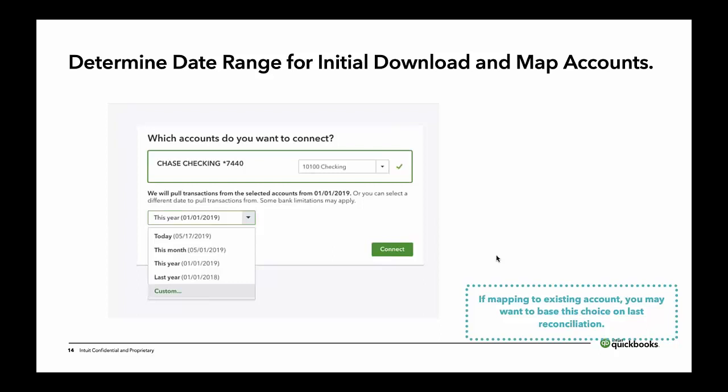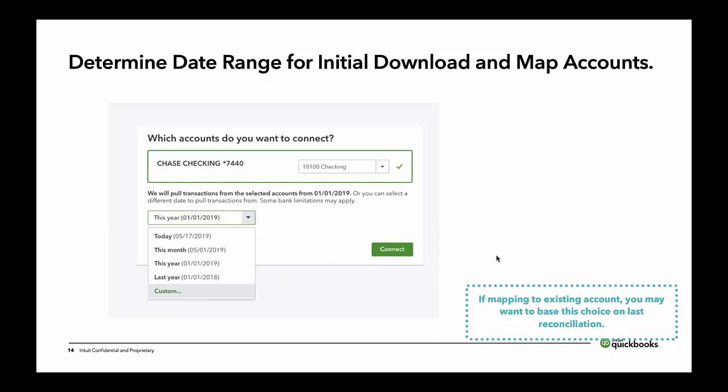By default, we typically will bring in about 90 days worth of transactions, but if you're already reconciled through the end of September, you probably don't want to bring in August and September transactions, because we're not going to try and match those up to things that have already been reconciled. Hope that makes sense.